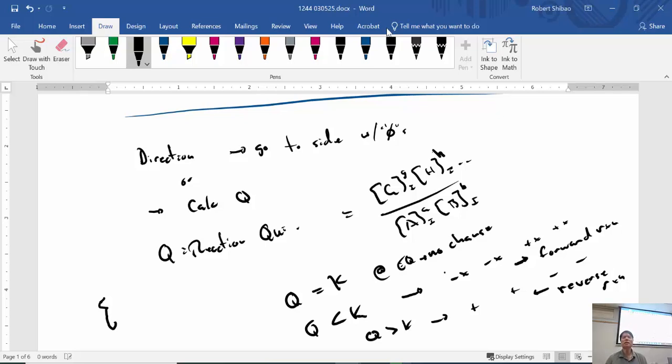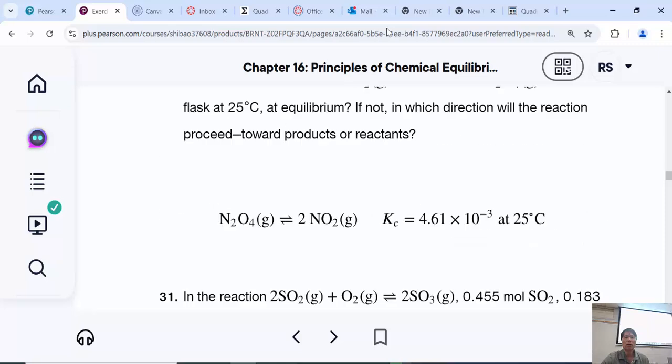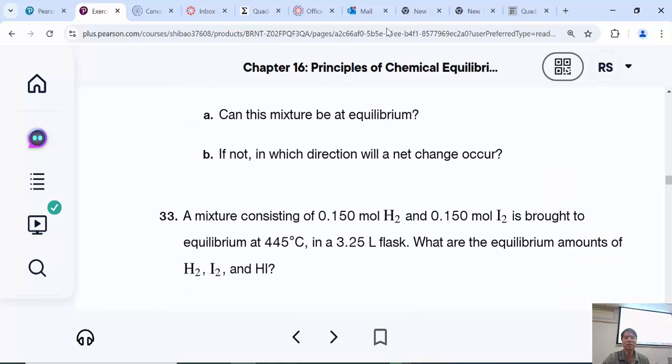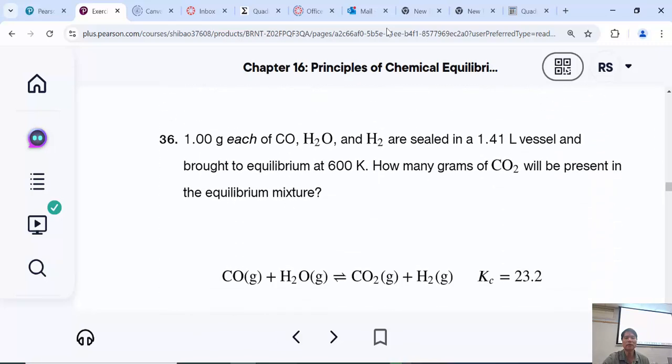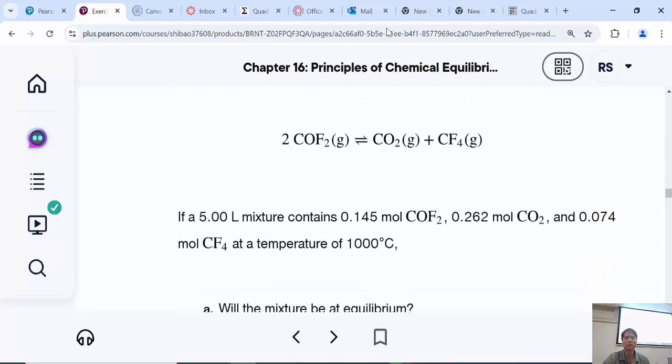So this is just like the K expression, except that we use the initial concentrations rather than equilibrium concentrations. All right, so these are just ICE calculations here. You can take a look at it.